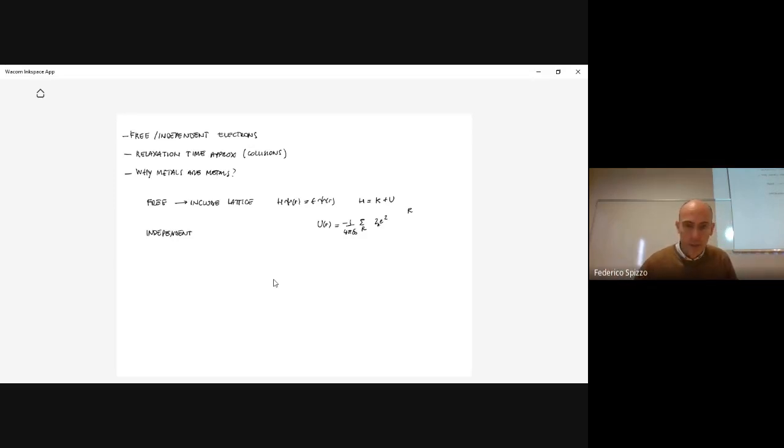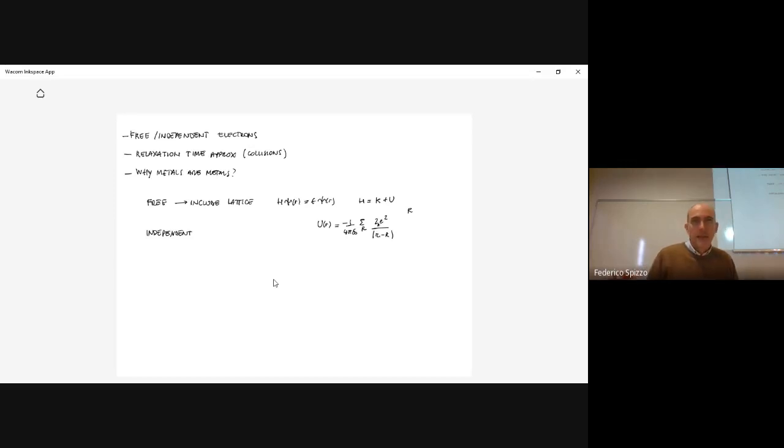The minus sign in front of the equation is due to the fact that the charge of the ion is opposite to the charge of the electron. And then we divide by the distance between the position of the electron and the position of the ion we consider, and the sum over R means the sum over the lattice.